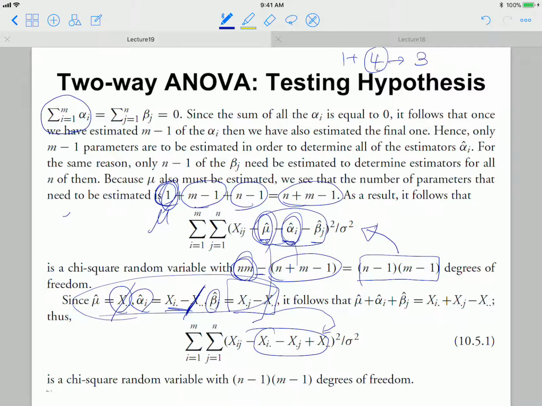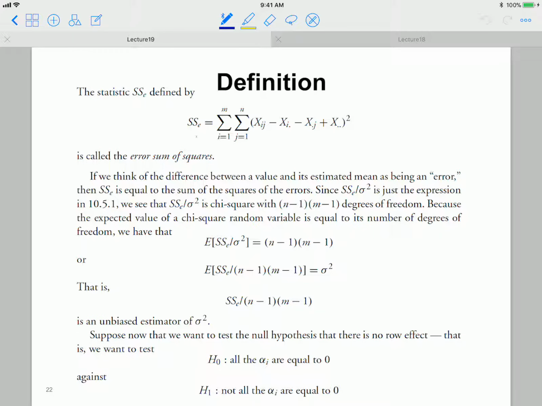Okay, so this is something similar to SSW, but in this two-way ANOVA setting, it is called SSE, the error sum of squares. I don't know if that is a good name or not, but that is an official name for this term.